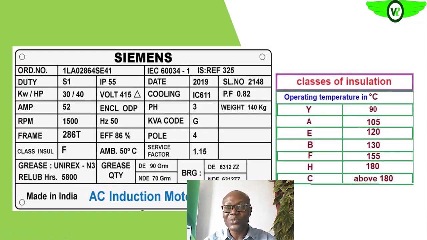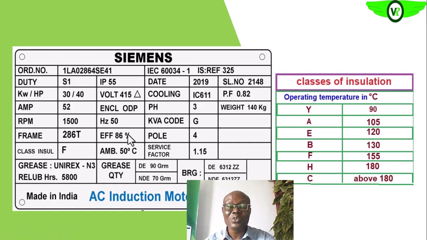So if I go and use an E class material in an environment where I'm supposed to use F or H, as the normal operating temperature is rising to its normal operating level, these materials, classified in all of these lower insulation classes, will be destroyed in the normal operations of this particular electric motor.